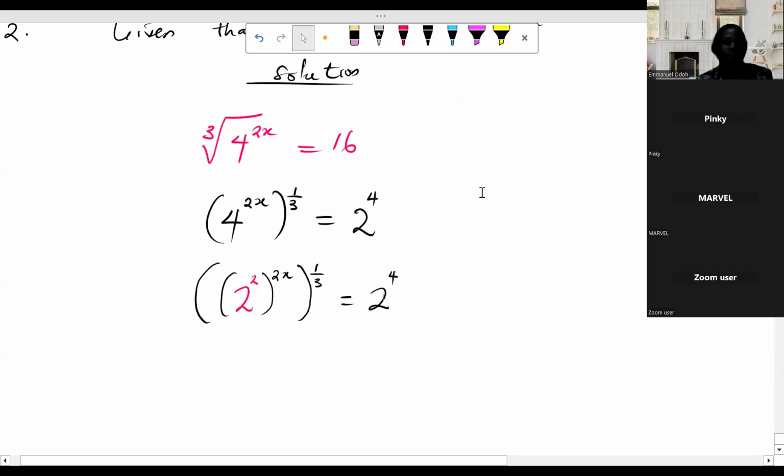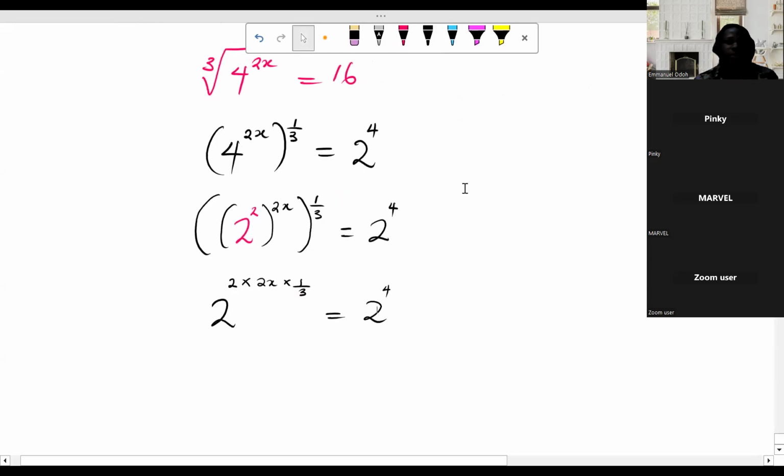Since all of them are powers, we multiply them to have 2 to the power of 2 times 2x times 1 over 3 equals 2 to the power of 4. So 2 times 2x is 4x, so I have 2 to the power of 4x over 3 equals 2 to the power of 4.